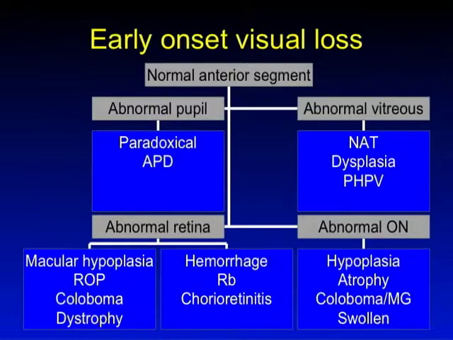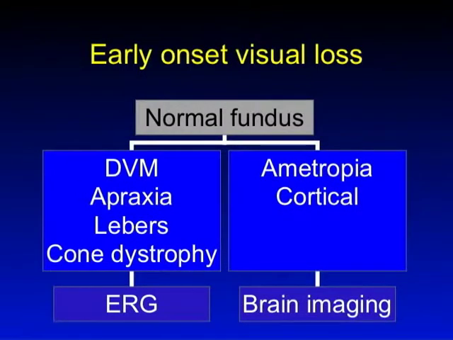Optic nerve abnormalities, the most important one to remember in pediatric ophthalmology, optic nerve hypoplasia. And subtle forms of hypoplasia sometimes are not recognized. So if the fundus examination is completely normal, then basically we have few diagnoses. One, I just mentioned, Leber's congenital amaurosis. Number two, delayed visual maturation. Number three, cortical blindness. Ocular motor apraxia, which is a rare entity.